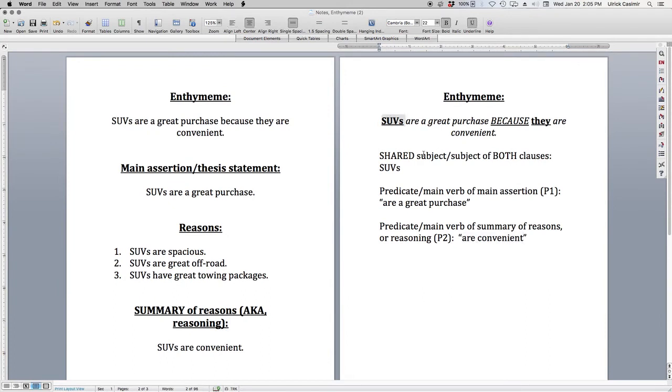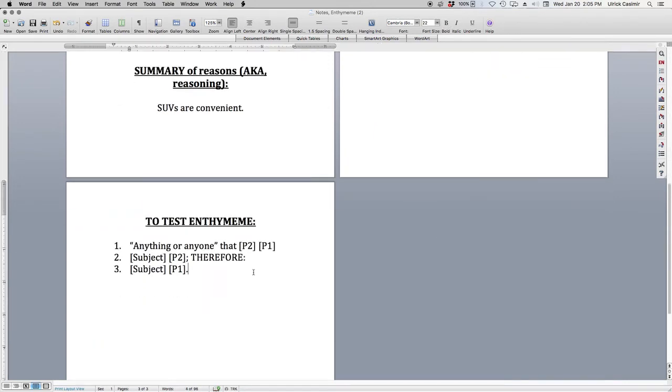SUVs, subject, P1, are a great purchase. So, to test our enthymeme, you would use this formulation and move through it from 1 to 2 to 3. Number 1, anything or anyone that is convenient is a great purchase. Number 2, SUVs are convenient. Therefore, number 3, SUVs are a great purchase.